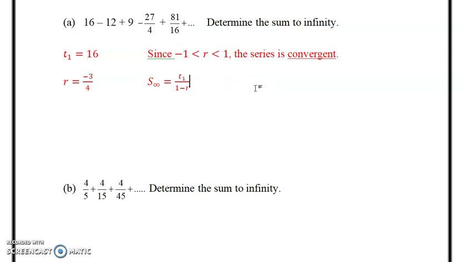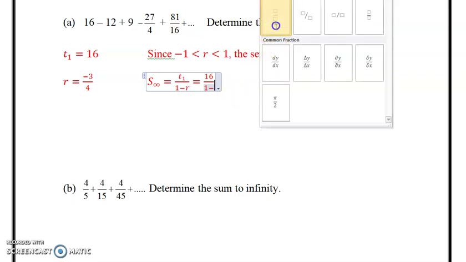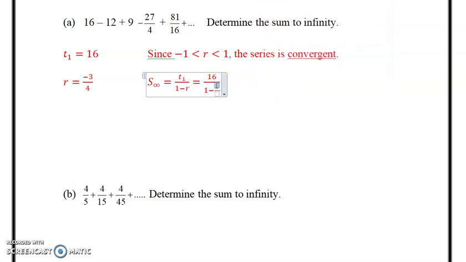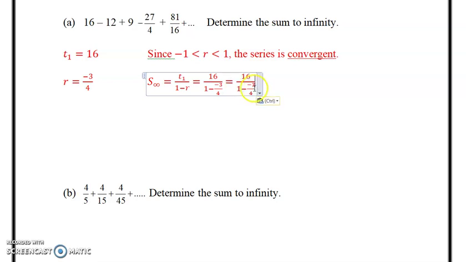And that's going to equal, and in this case, I'll copy this, our first term was 16. Our R value was negative 3/4. So a negative multiplied by a negative is positive, or subtracting a negative is the same as adding the opposite, so adding a positive, whatever way you want to look at it.